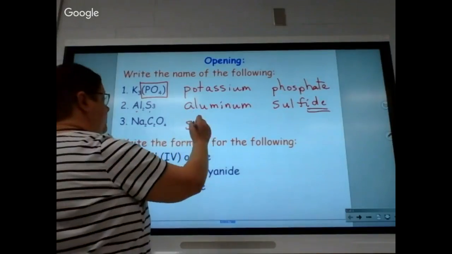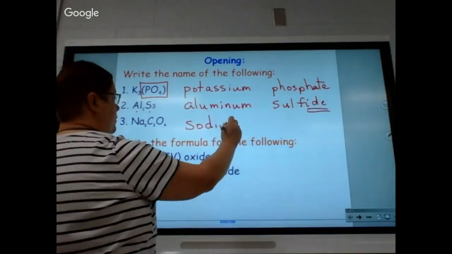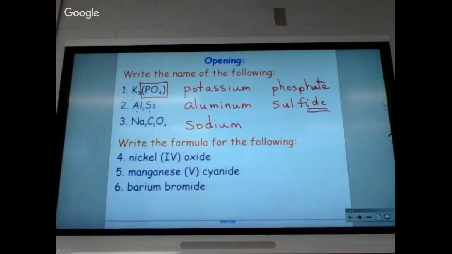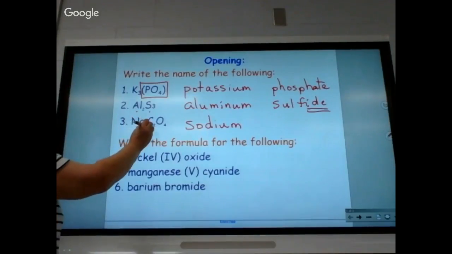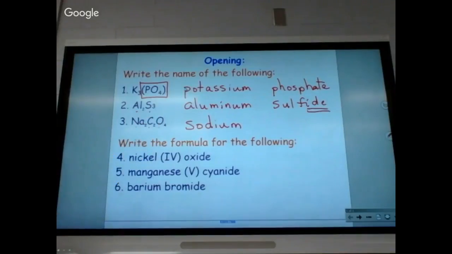All right, 3. What's that Na? Sodium. Do I have parentheses? How many capital letters do I have? I have 3. So even though I don't have parentheses, I have 3 capital letters. Is this binary? No. I'm not adding IDE.